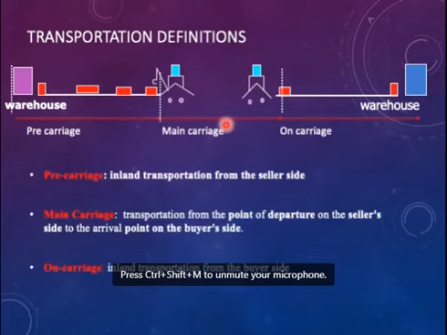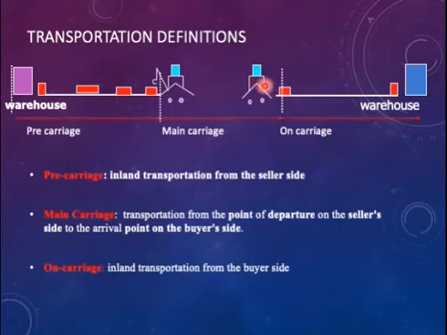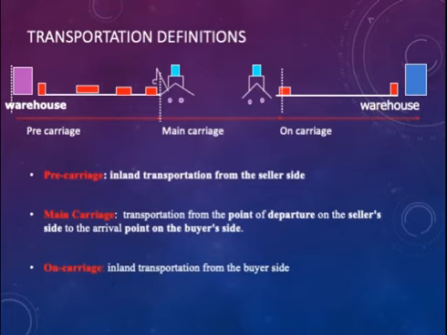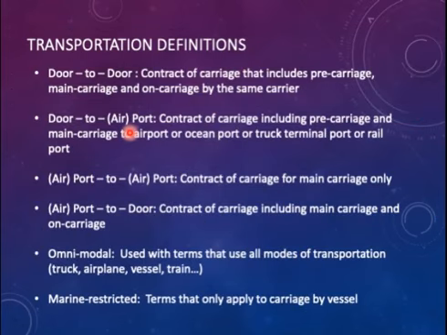So we have three carriages: pre-carriage, the inland transportation; the main carriage; and the on-carriage, the inland transportation in the importing country. So now you can differentiate between the three, right? Three carriages. The next is some other transportation definitions.